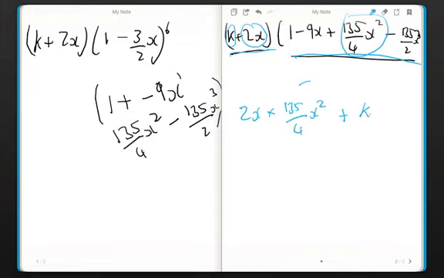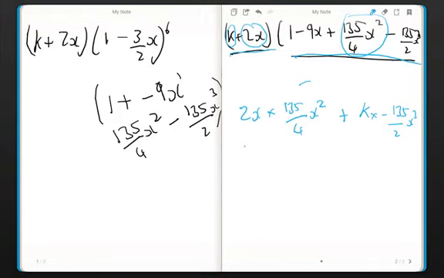So let's multiply that, k into minus 135 by 2 x cubed. I hope you see what I'm doing here. I'm multiplying all the terms here and there that give me x cubed. Now, do we have any other two terms that multiply to give me x cubed? I don't think so. So we leave it.